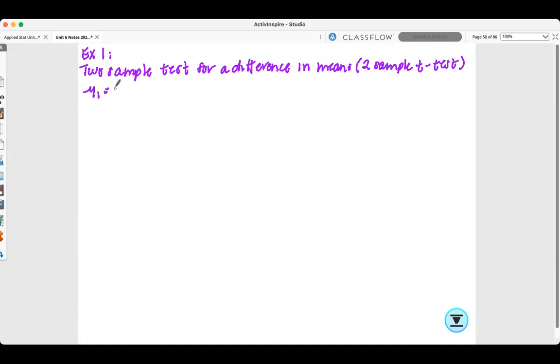Mu1 is going to be the mean commute for males in Calgary, and that's in minutes. And mu2 is going to be females.